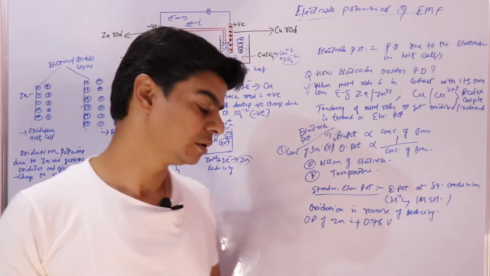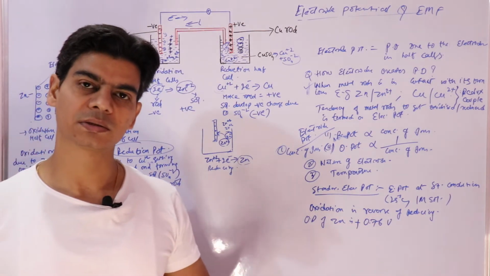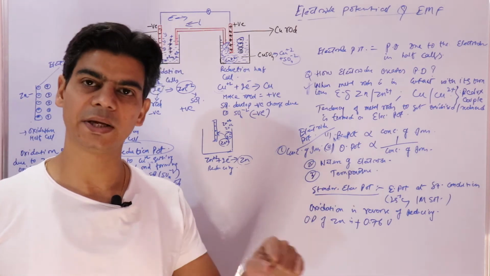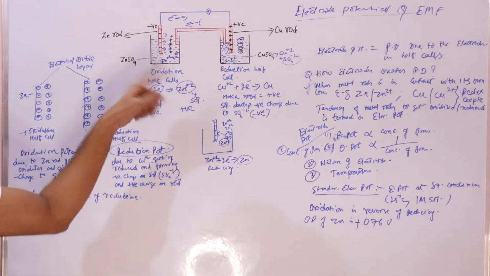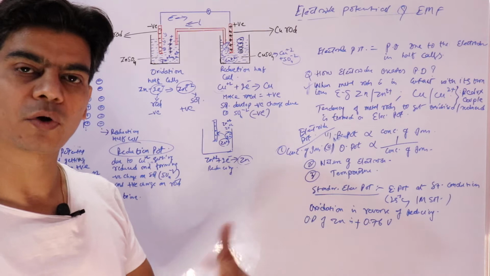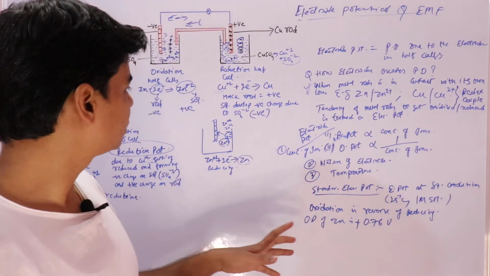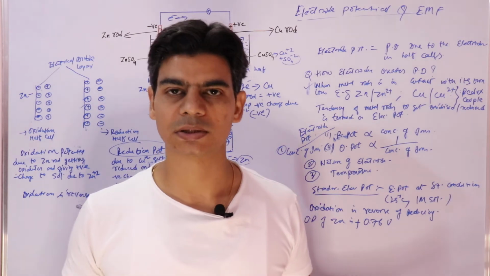Oxidation is giving electrons, reduction is gaining electrons. So the reduction potential of zinc would be the same as its oxidation potential but opposite in sign.